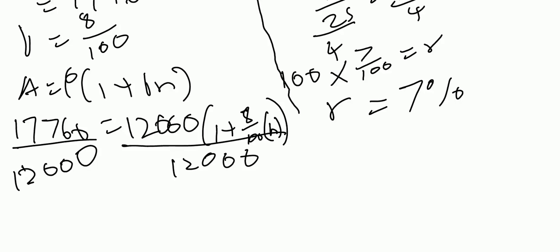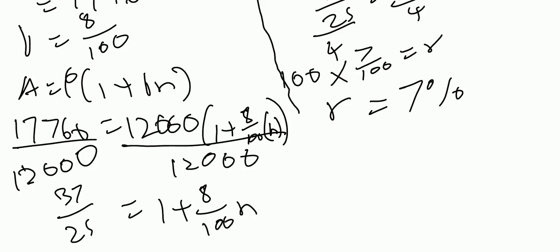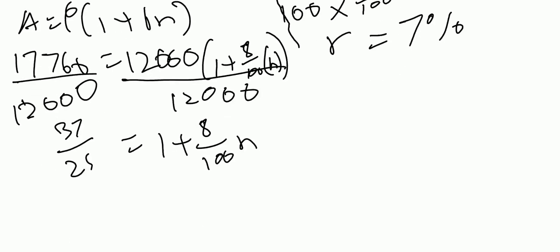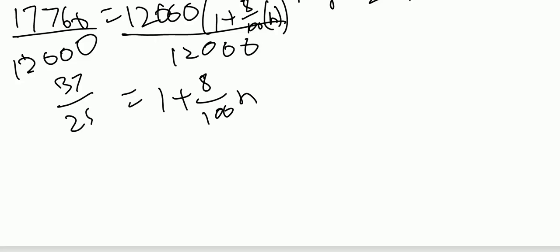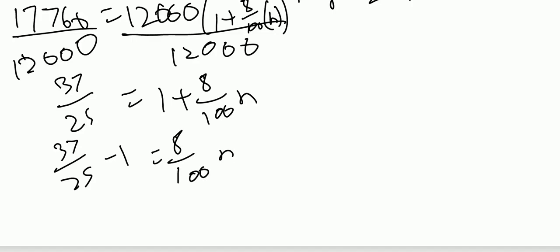You are going to have 37 over 25 is equal to 1 plus 8 over 100 n. Now you are solving for n. 37 over 25 minus 1 is equal to 8 over 100 n. Then 37 over 25 minus 1 is 12 over 25, which is equal to 8 over 100 n.